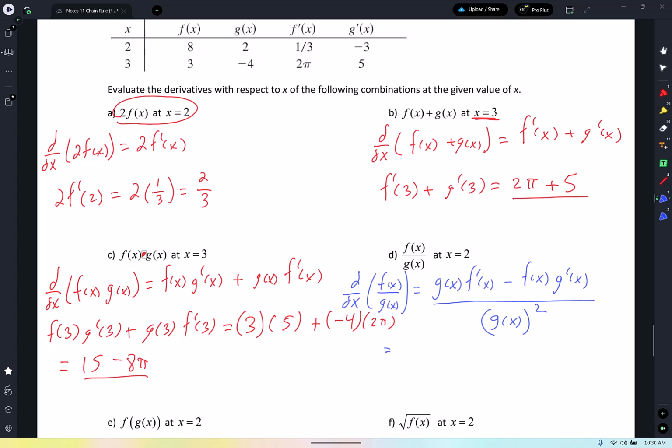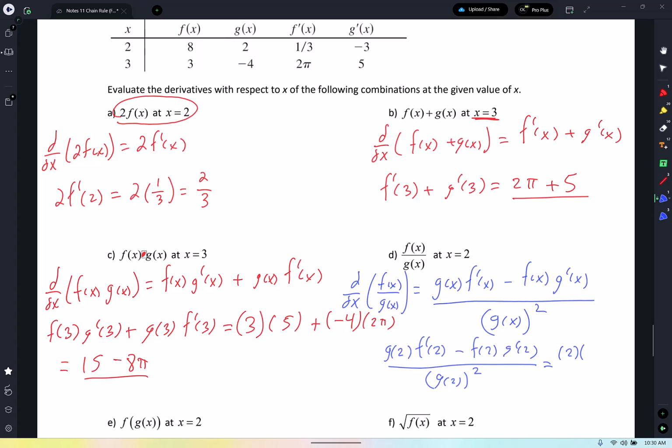All right, here we go. I'm going to go ahead and plug in the 2. So I'm going to go g of 2, f prime of 2. If you're running out of space, you can just, you know what, no, I already started. F of 2, g prime of 2 over g of 2 squared. All right, let's see. G of 2 is 2.